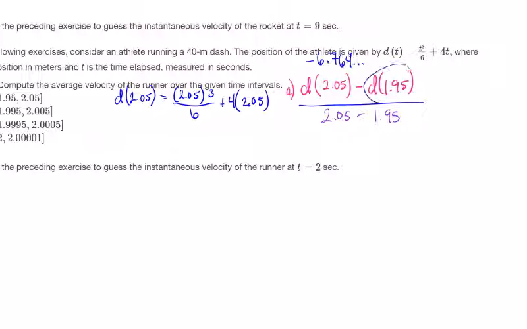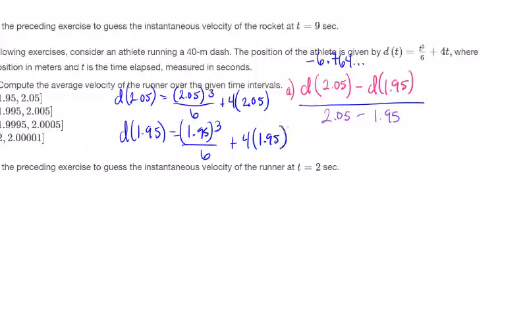And then we have to do the same thing with this one. I'm going to plug d of 1.95 into my calculator, so that'll be 1.95 cubed over 6 plus 4 times 1.95.